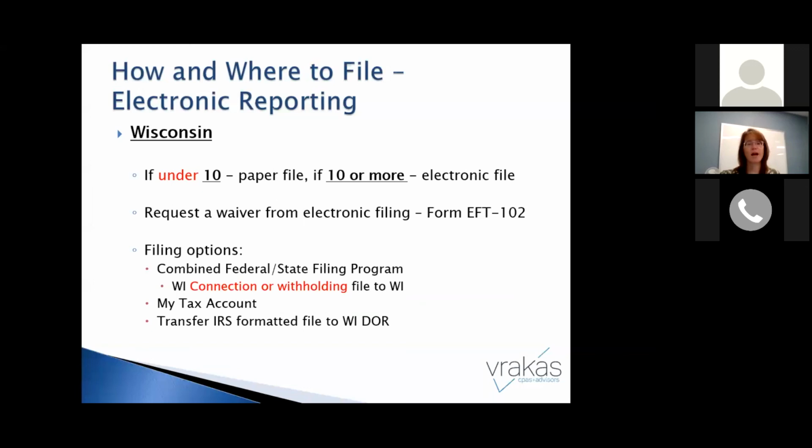So you could have 9 1099-MISCs and 8 1099-NECs and still paper file them. It's when you have that 10th of one type of form. And again, the reminder is that it has to be a Wisconsin connection or withholding.